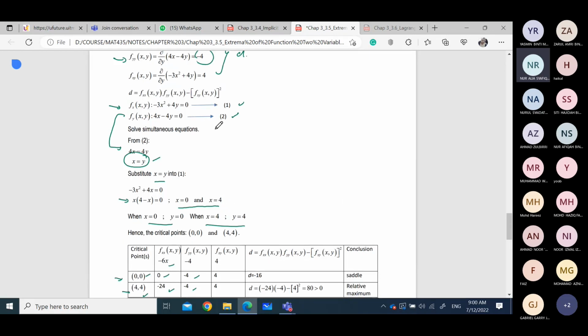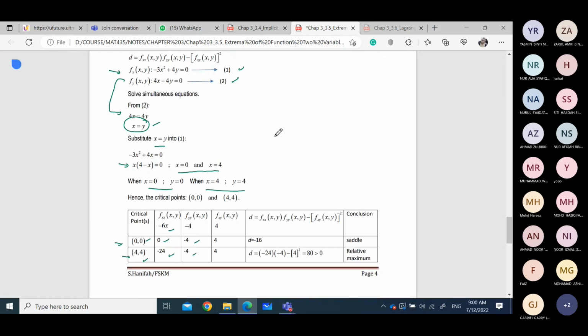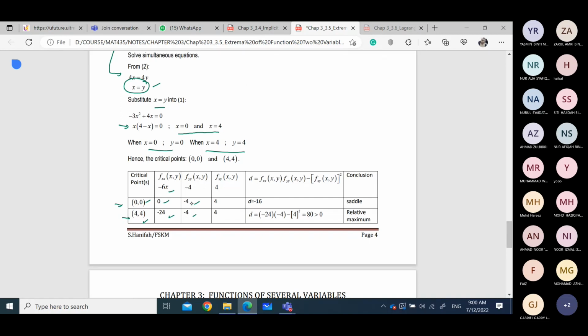Okay, so next is the mixed second order, which is 4 here. So we just take 4 for the critical points (0, 0) and (4, 4) because it is a constant. Okay, letakkan je. And then we calculate the discriminant based on this formula.